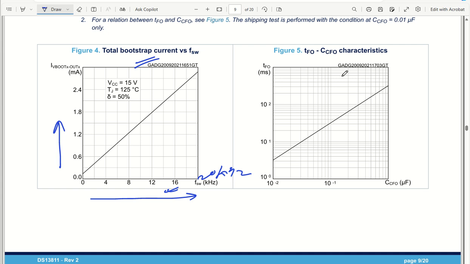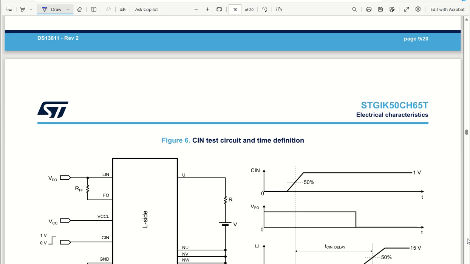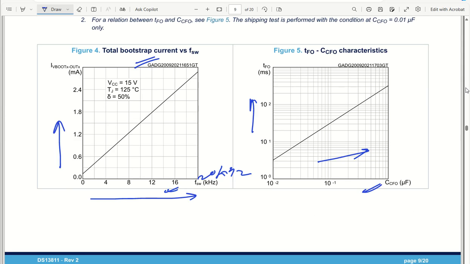Now talking about TFO and CFO characteristics. CFO is in microfarad and TFO is in milliseconds, and TFO also increases with an increase in CFO. That was the fault output.